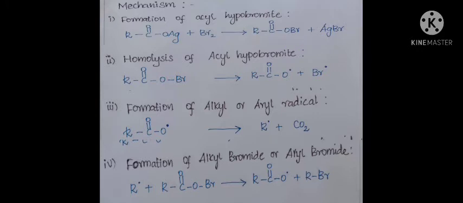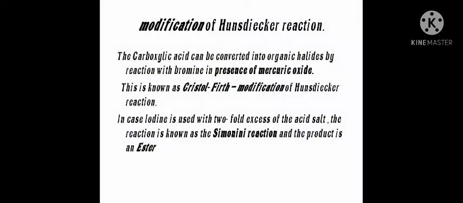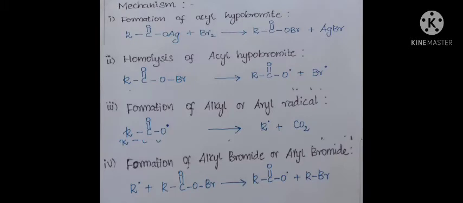Now I just want to summarize the mechanism once again. In the first step, there is formation of acyl hypobromite, which means bromine is substituted in the place of Ag. In the second step, the acyl hypobromite undergoes homolysis, cleaving into a Br radical and an RC=O radical. In the third step, a radical is formed by elimination of carbon dioxide.